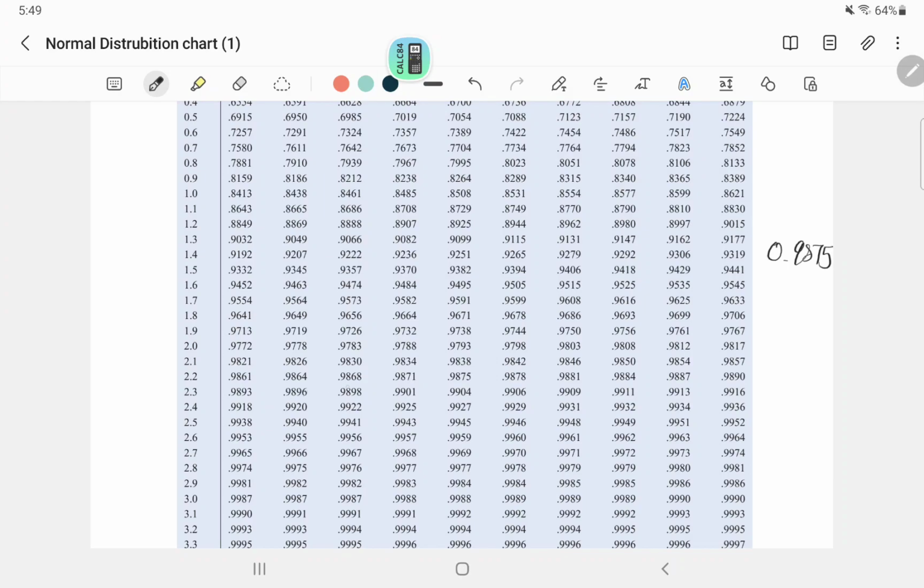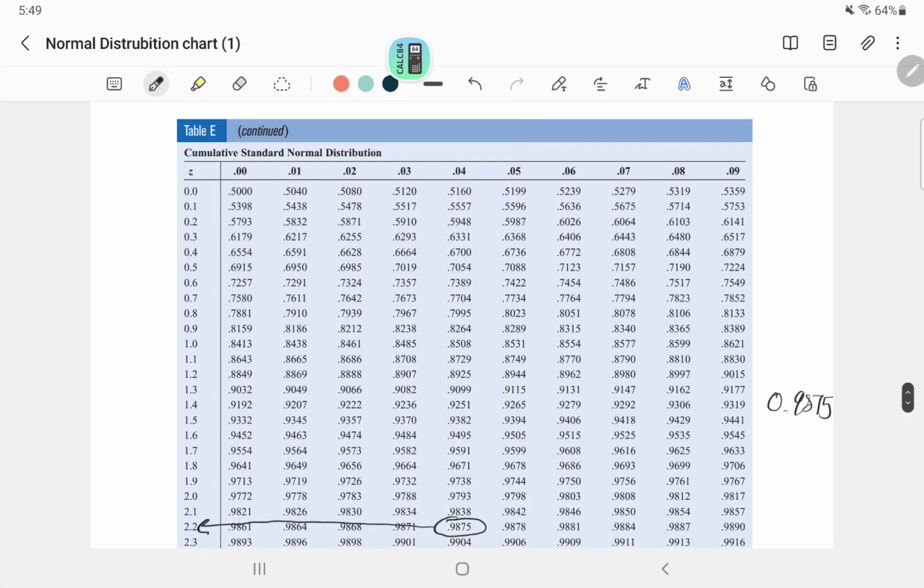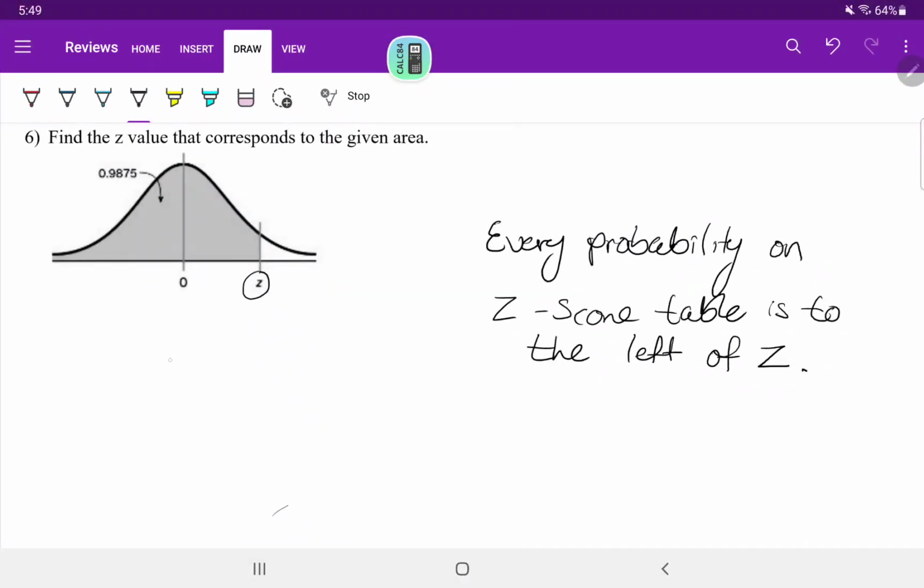It is right here, and that z-score appears to be 2.2. Now scroll all the way up, and 4. So the z-value is going to be 2.24.